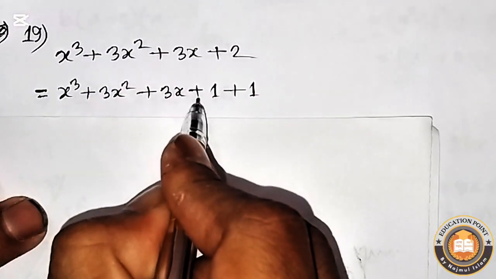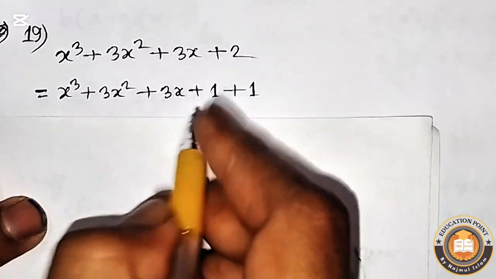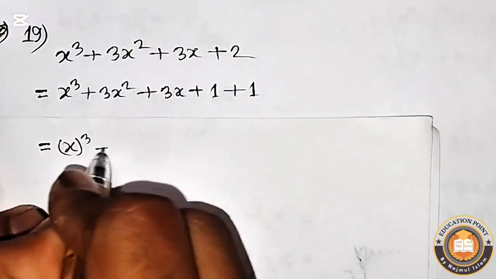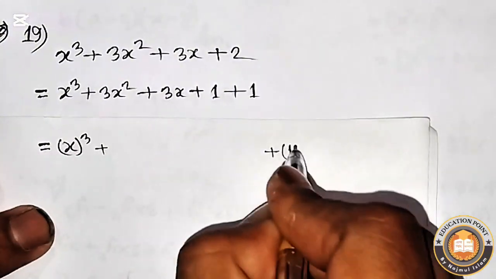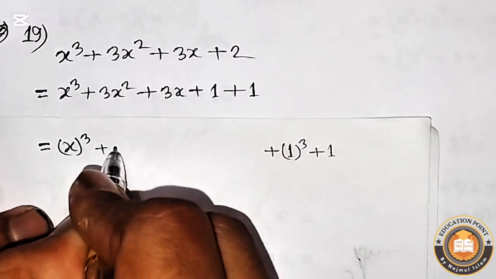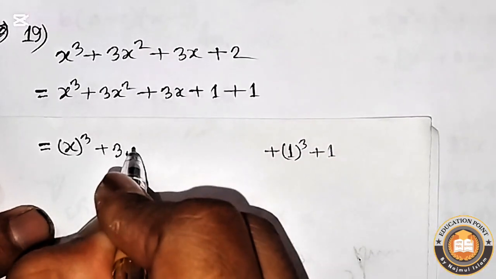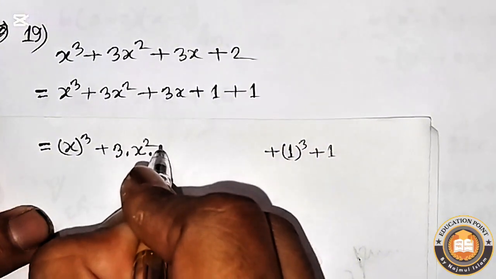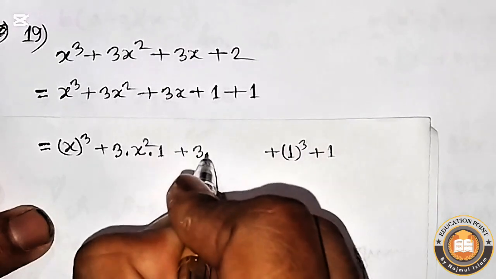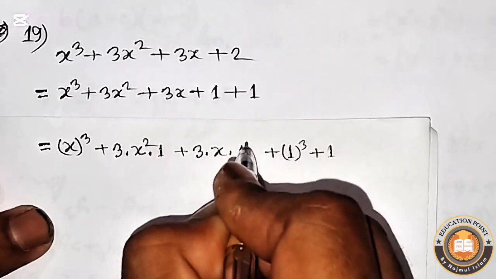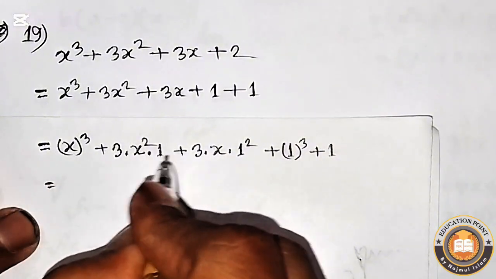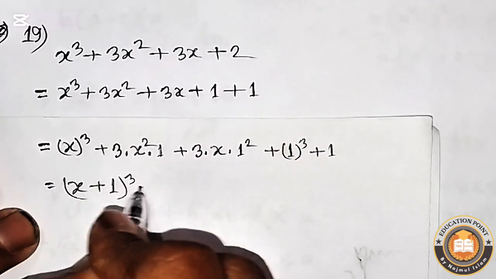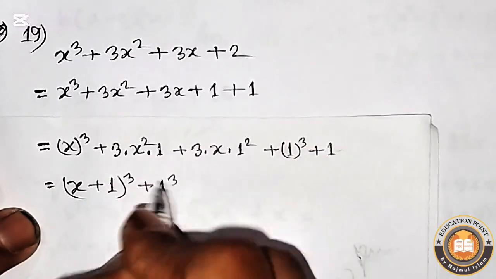For the first four terms we can try to apply the formula of a plus b whole cube, then we can write x cube plus 1 cube plus 3 into a square means x square into b means 1 plus 3 into a means x into b means 1 square. This is the formula of x plus 1 whole cube, plus 1 modified as 1 cube.